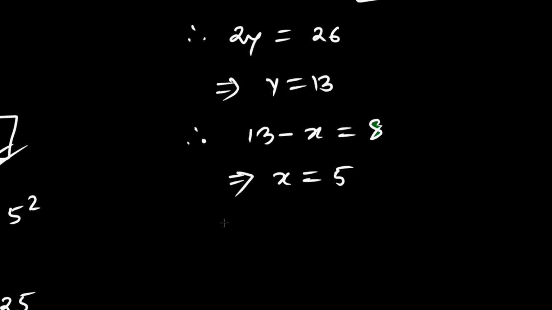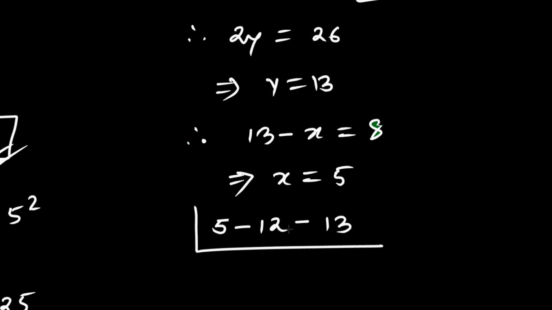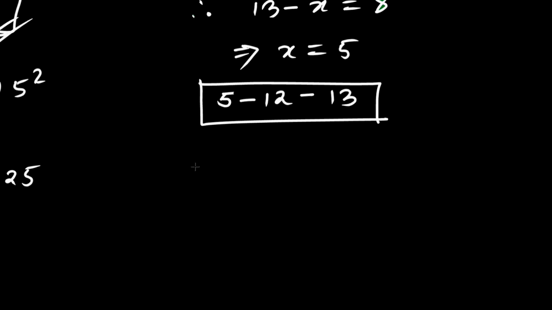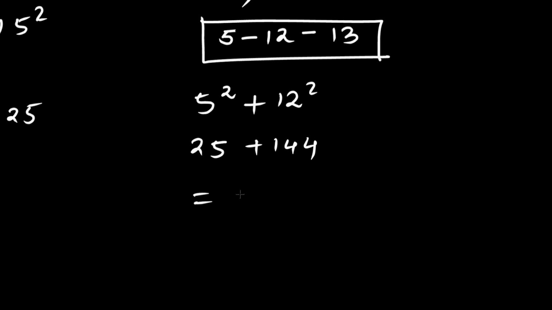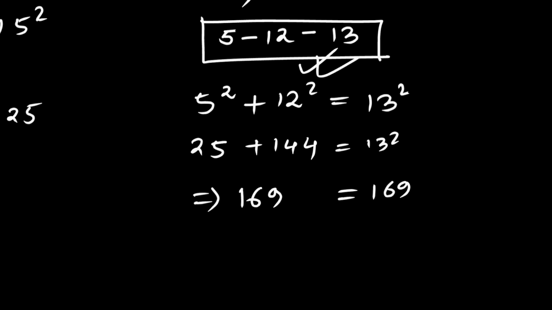That gives us a third right triangle with side lengths 5, 12, and 13. Let's verify it. 5 squared is 25, 12 squared is 144, and 25 plus 144 equals 169. 13 squared is also 169, so this is another valid solution.